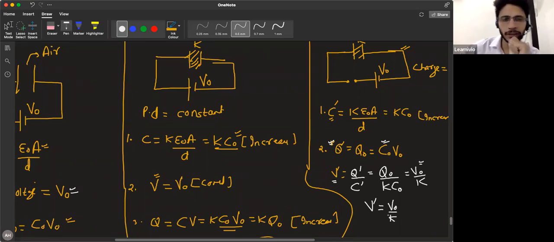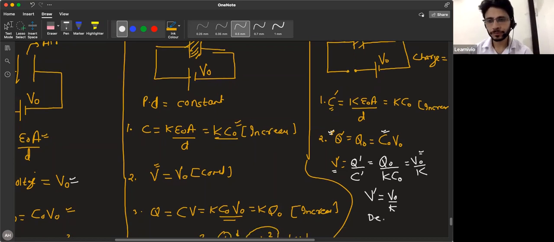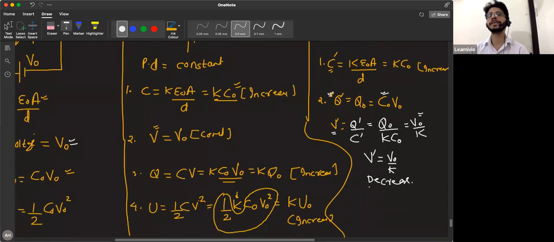Is it constant, increasing or decreasing? Yes, it will decrease, because you're dividing by something. So voltage will decrease.